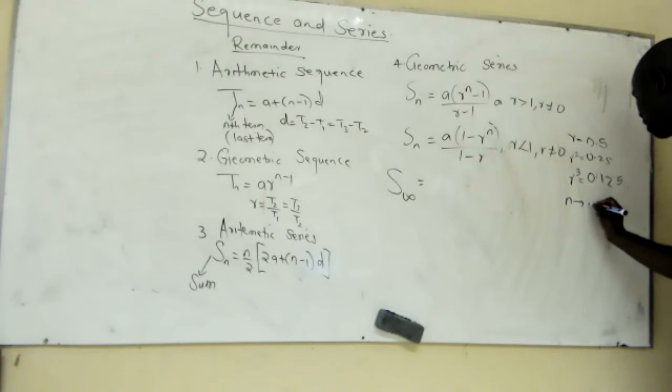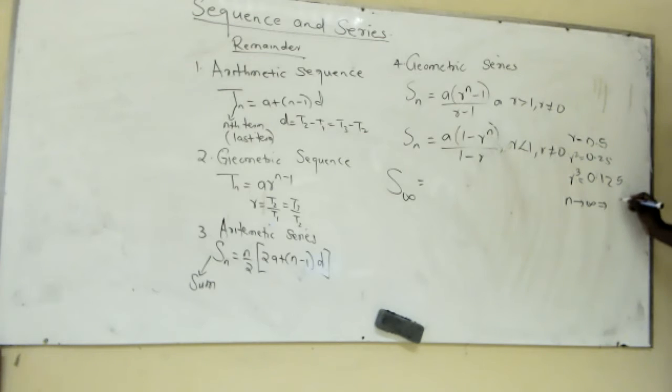So that simply tells us that when n is approaching infinity, something is going to happen to this value of r to the power of n. So the value of r to the power of n will be approaching what? It is approaching 0. That is very, very important, which we must take note of.